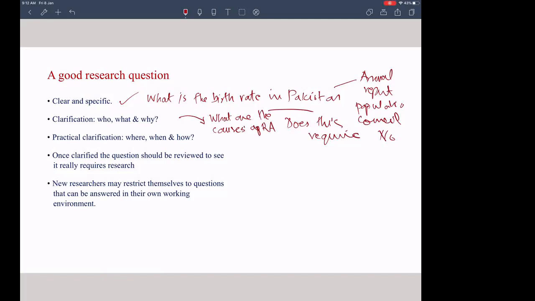And why? Because it is commonly seen in Karachi, where you practice. So there will be several types of questions. Why is it common? Is it common amongst some ethnic group?